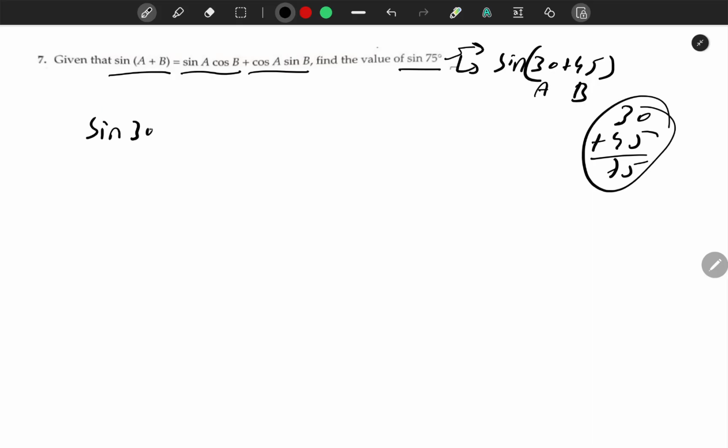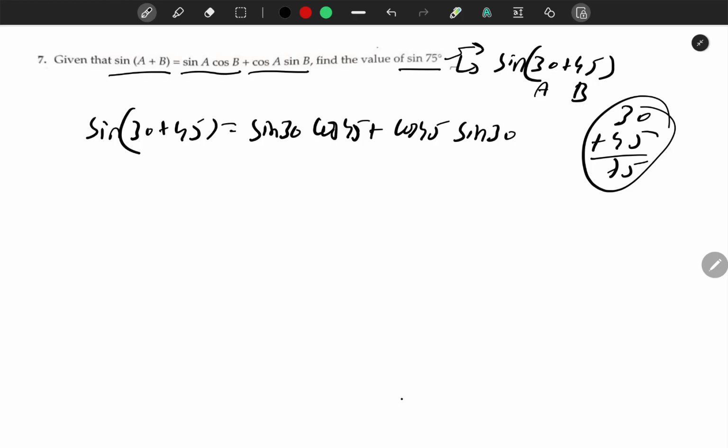So sin of 30 plus 45 is equal to sin 30 into cos 45 plus cos 30 into sin 45. Sin A cos B plus cos A.